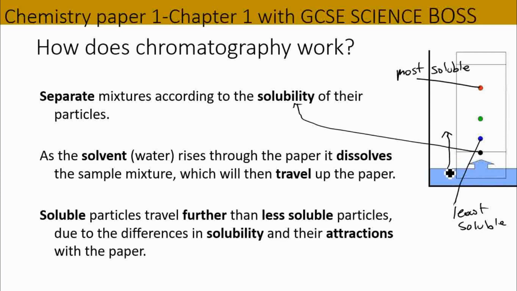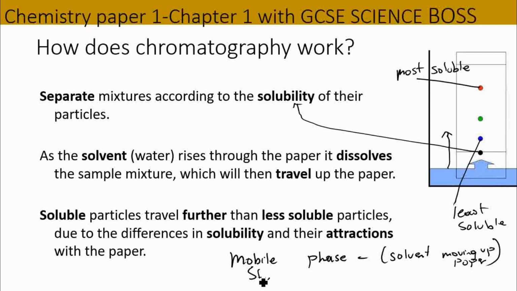You need to also know that there are two phases. You have the mobile phase. The mobile phase is the liquid, the solvent moving up the paper. And the stationary phase, which is the paper itself.